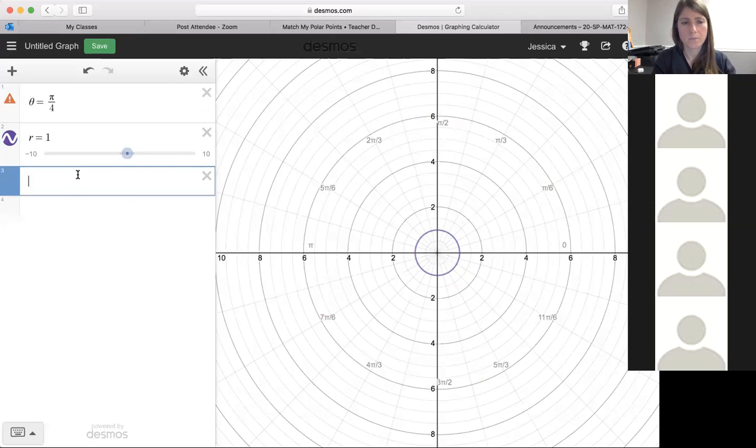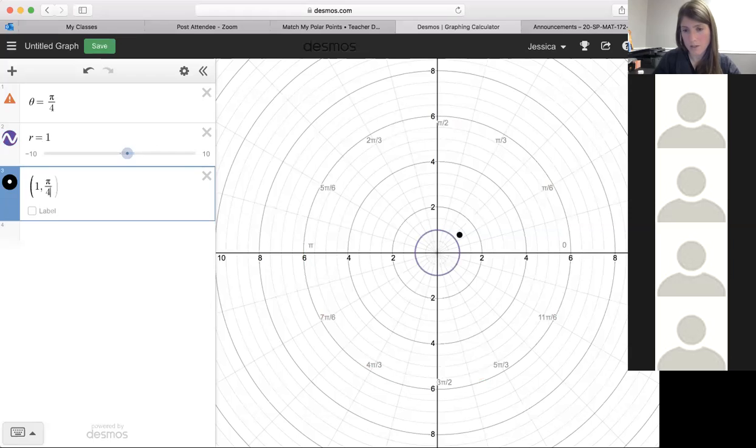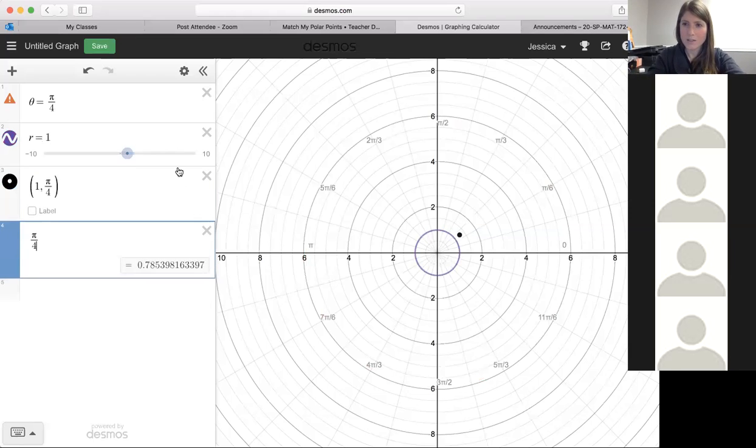Figure out why it's not cooperating. But when I was trying to tell Desmos, okay, give me a radius 1, and I want you to be on the pi over 4 angle, it wasn't quite doing what I expected. Now, notice it's kind of close, but if you look at my radius 1, it's not on radius 1, it's not quite on the pi over 4. What it's actually doing is it's taking this pi over 4, approximately 0.7, and it's still thinking about our point like this as a rectangular grid.